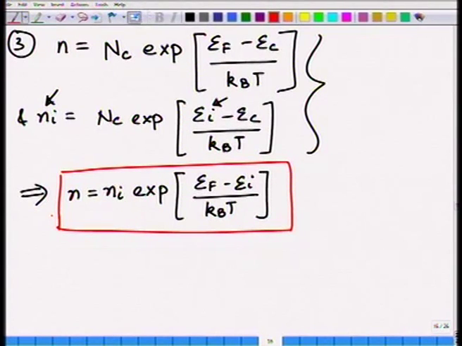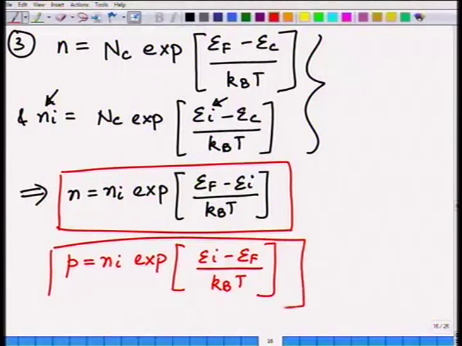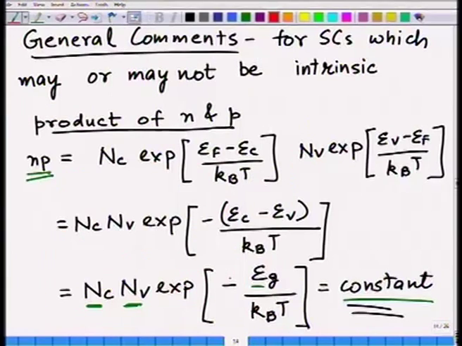Similarly, I can write P as equal to Ni times e to the power Ei minus Ef by kBT. You can derive this one also by the same method. So N and P can be written in general.